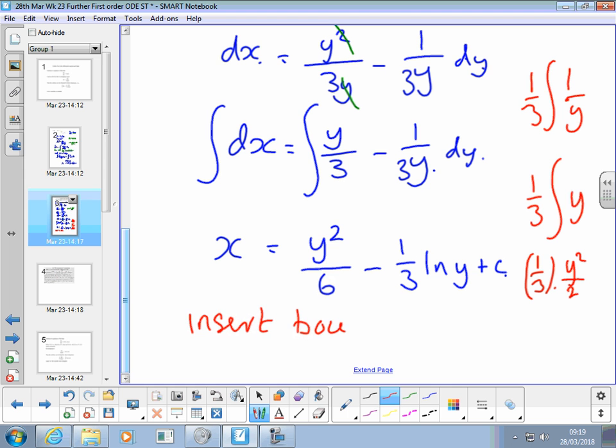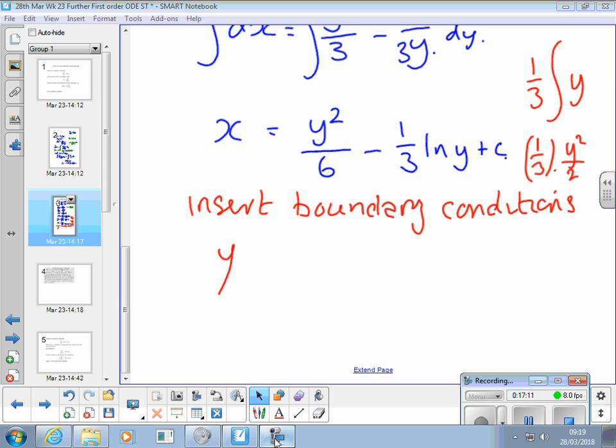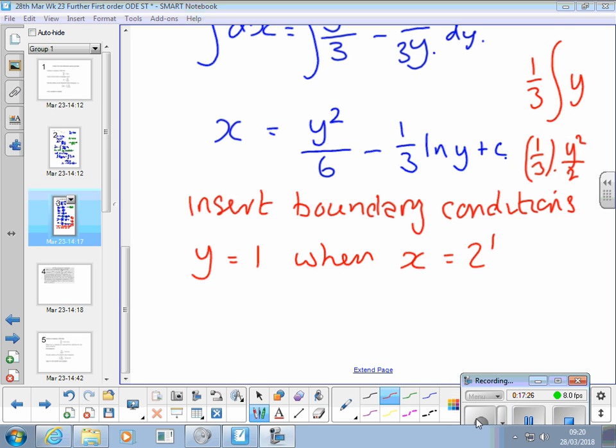Boundary condition. Right, where were we before we were rudely interrupted? y is equal to 1 when x is equal to 2 to the 6th.